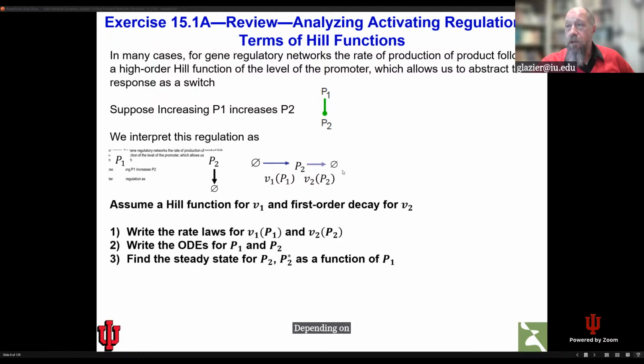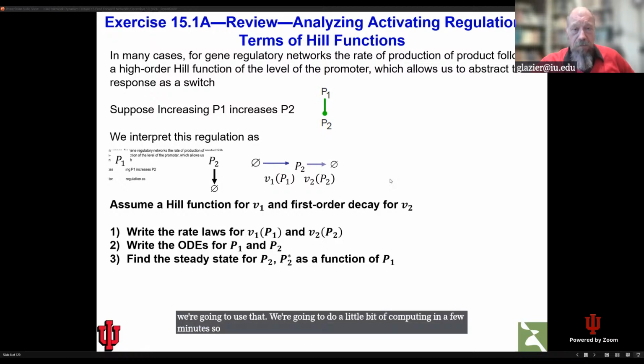And then P2 goes to nothing as the second line. We're going to do a little bit of computing in a few minutes, so might as well have that working.